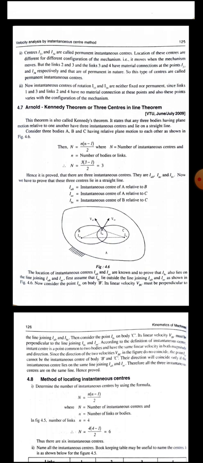Since the directions of the two velocities VBC in the figure do not coincide, the point IBC cannot be the instantaneous center of bodies B and C. The directions will coincide only if the instantaneous center lies on the same line joining IAB and IAC. Therefore, all three instantaneous centers are on the same line, as proved.